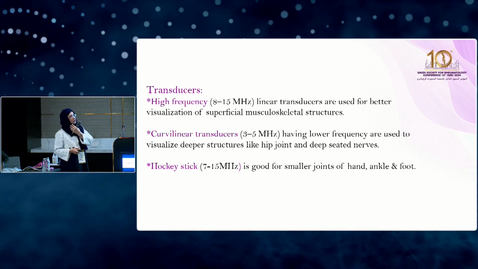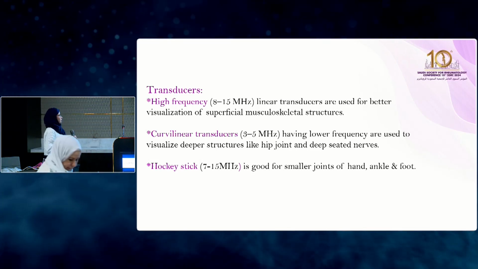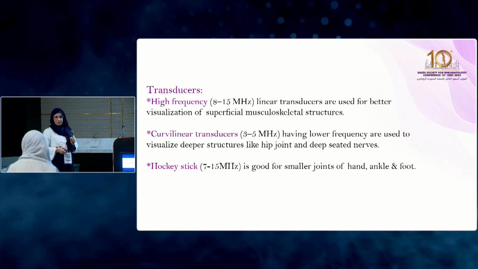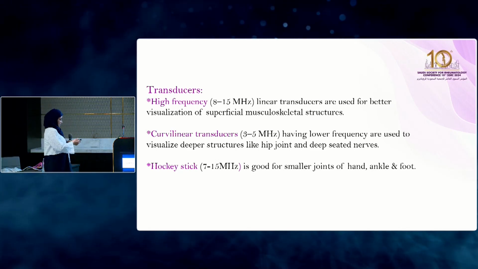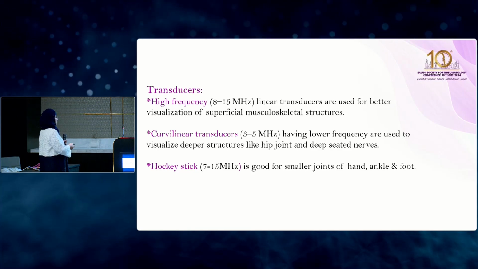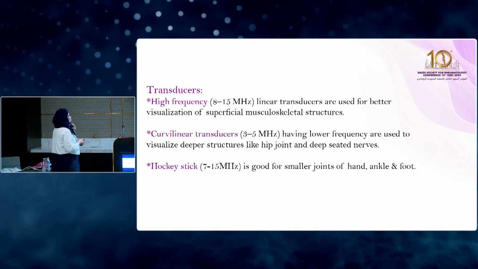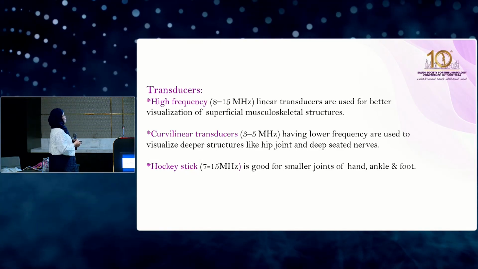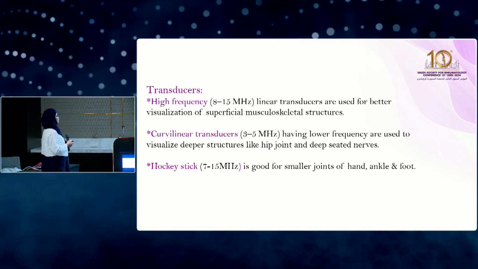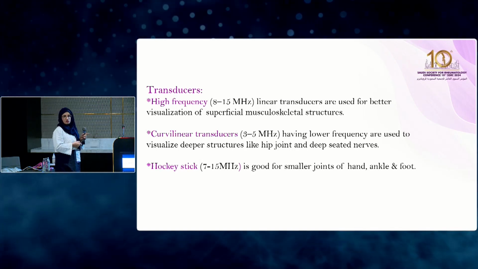What you need to know about the procedure of the injection: you have to select your perfect transducer, and we are using a high frequency transducer, up to 15 megahertz. Linear transducers are used for better visualization of superficial musculoskeletal structures, and this is the one we use for the shoulder.